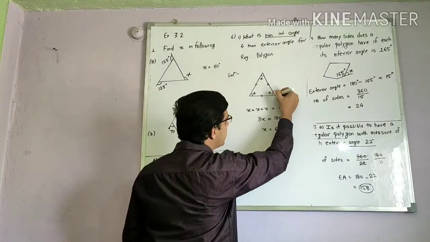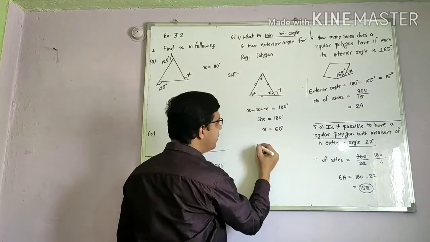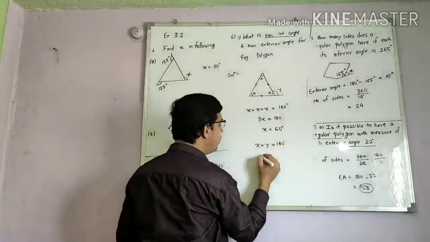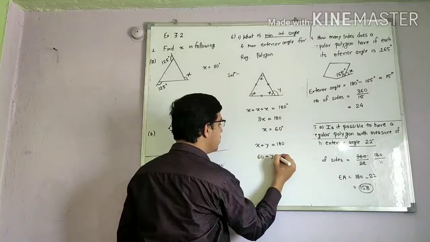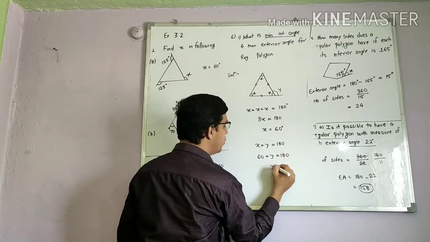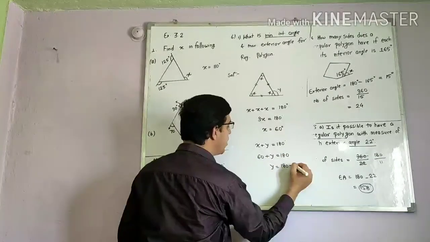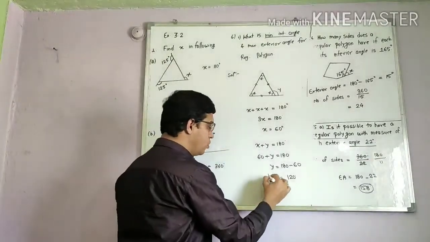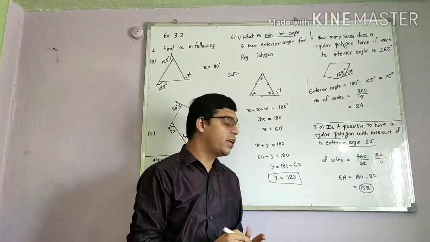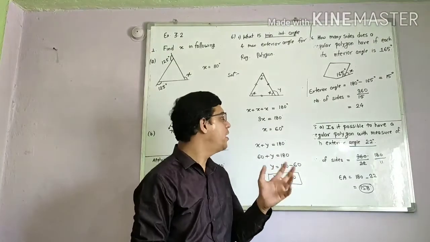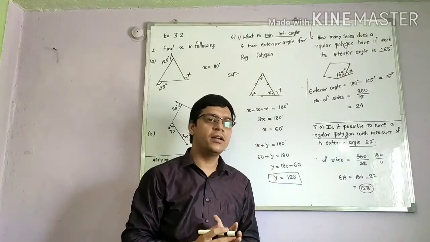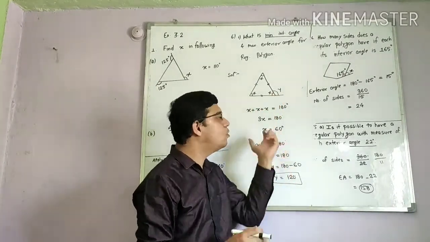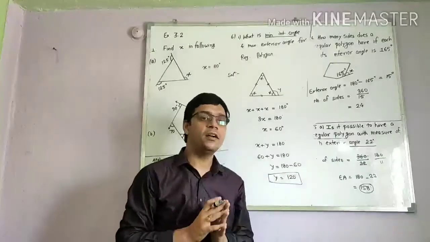Now suppose the maximum possible exterior angle is y, then x plus y will be 180, 60 plus y will be 180, so y will be equal to 180 minus 60, that is 120 degree. So maximum possible exterior angle is 120 and minimum possible interior angle is 60 degree, and the polygon which is applicable for this rule is the equilateral triangle.